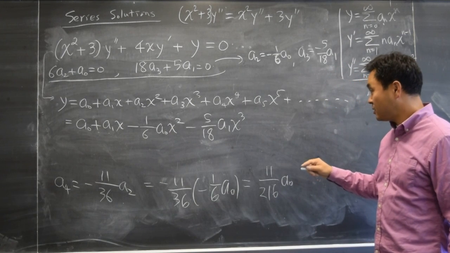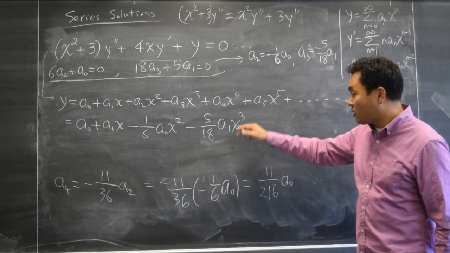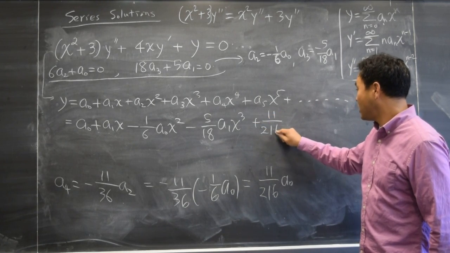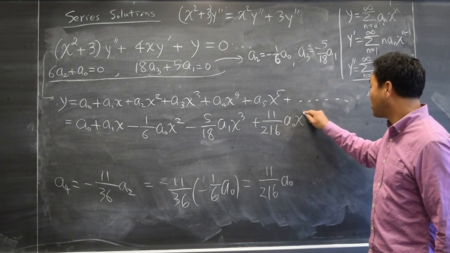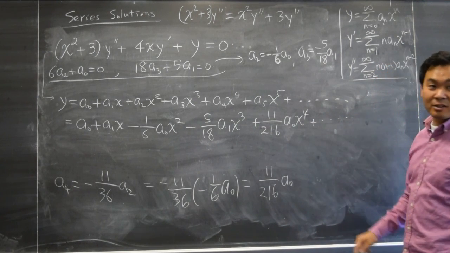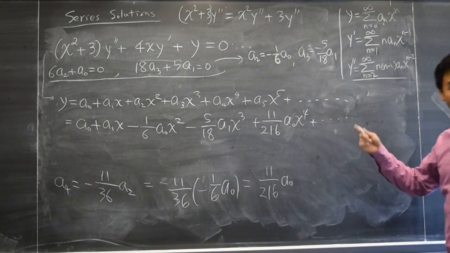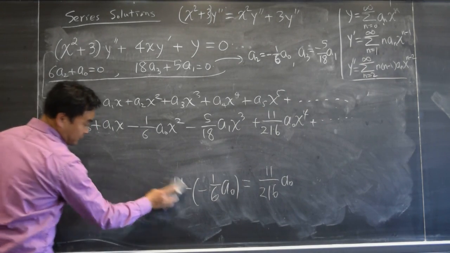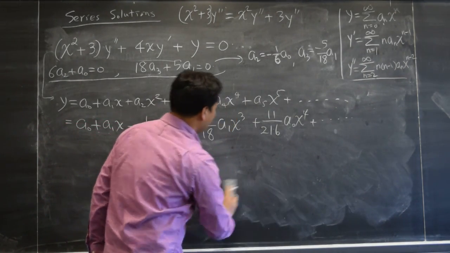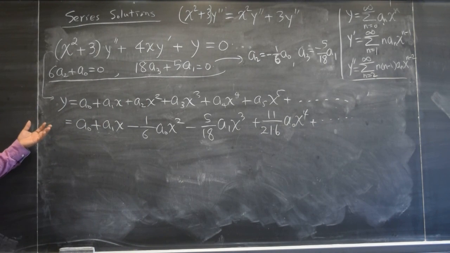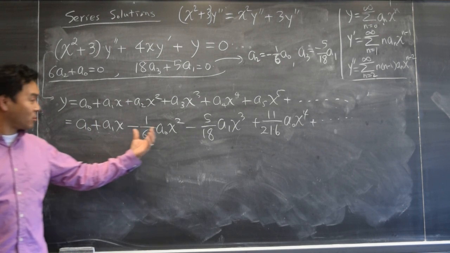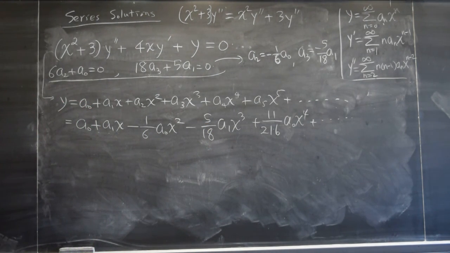And then A4 is plus 11 over 216 A0 x to the fourth plus and so on. Okay? And if we had more time, we can calculate more terms. We could just stop here and say, these are the 5 non-zero terms of the solution.